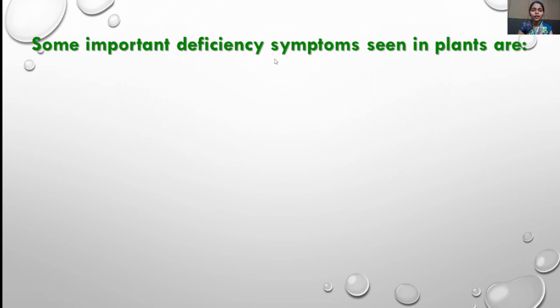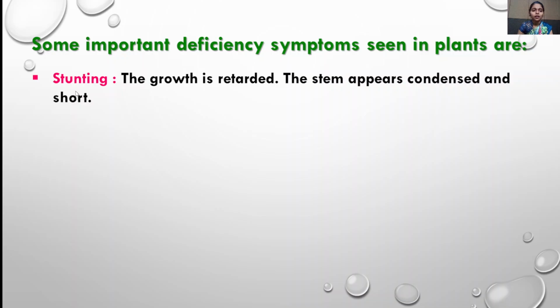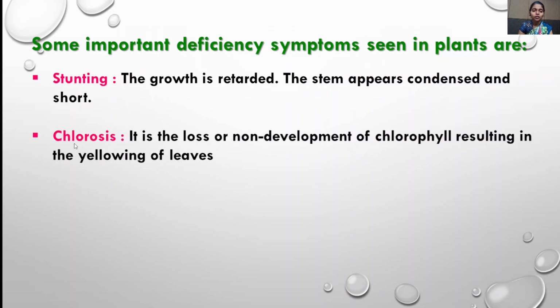Some important deficiency symptoms seen in plants are stunting: the growth is retarded, the stem appears condensed and short. Chlorosis: it is the loss or non-development of chlorophyll resulting in yellowing of leaves.